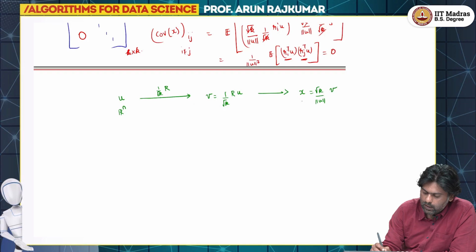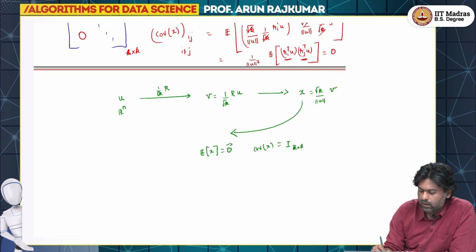Now, what I am saying is that for this x, the expected value of x is the 0 vector, and the covariance of x is just the identity in k cross k.